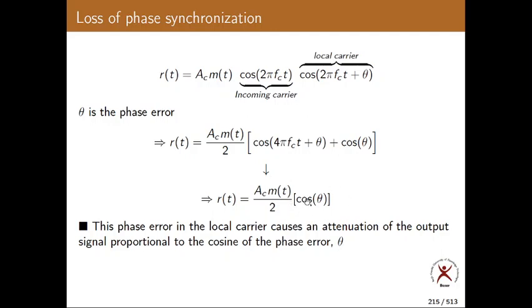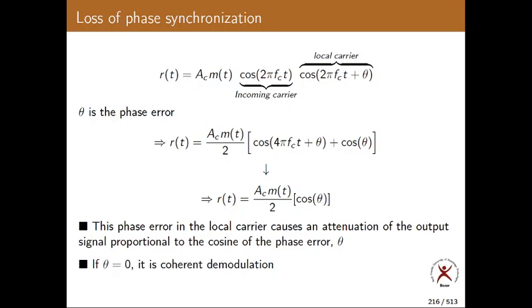Because cos θ maximum is 1, when θ is 0, when there is no phase error. Okay, it won't happen, so cos θ is always less than 1. That's why there is attenuation. Correct? So you are multiplying this A_c/2 m(t) with a quantity that is less than 1. Obviously that is called attenuation.